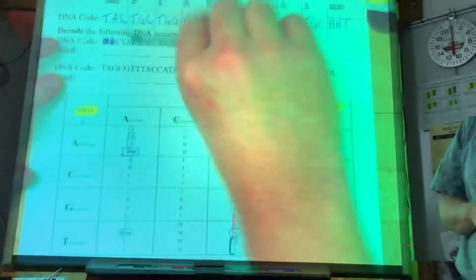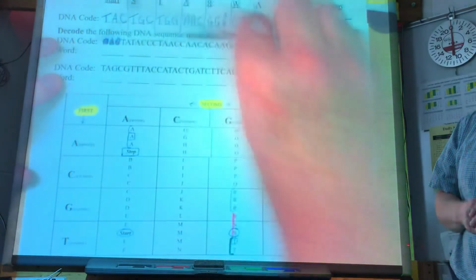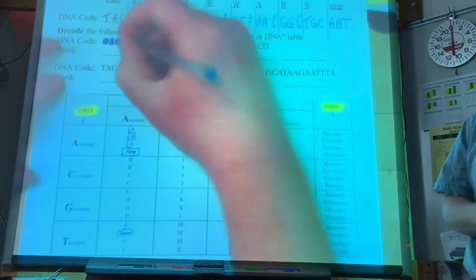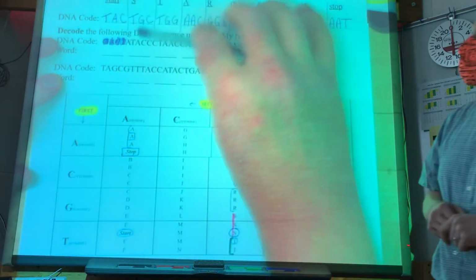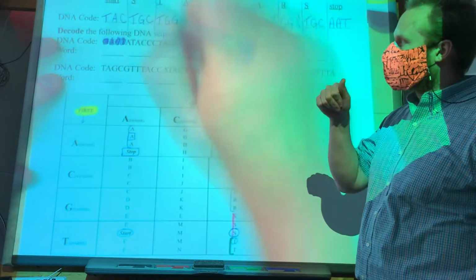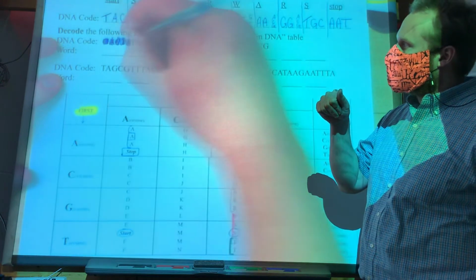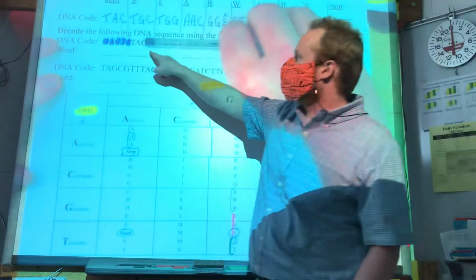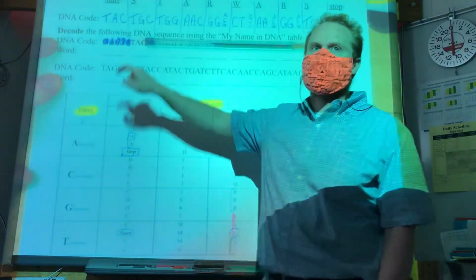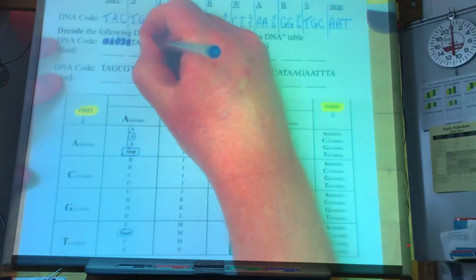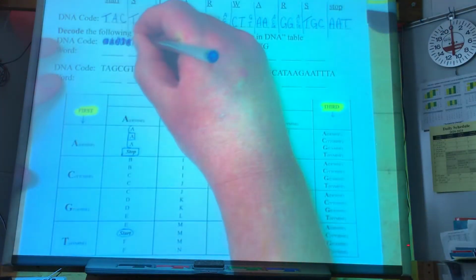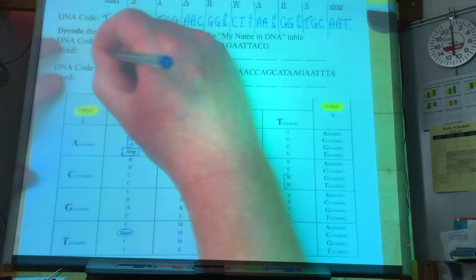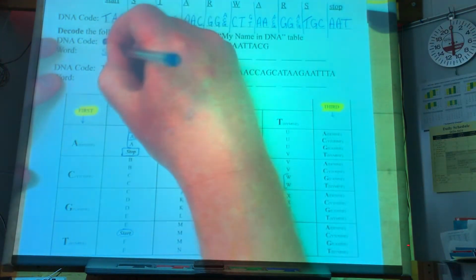No. Shift over one. Is that our start codon? No. What are we looking for? TAC. So we can just keep sliding over one at a time until we find, hey, look, there's my TAC. Found it. That's my start codon. I would give that TAC a circle. And then that says start spelling my word here.